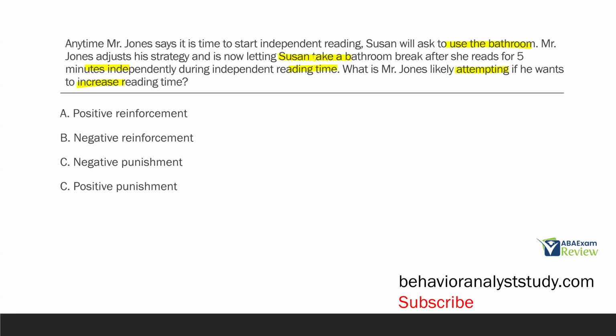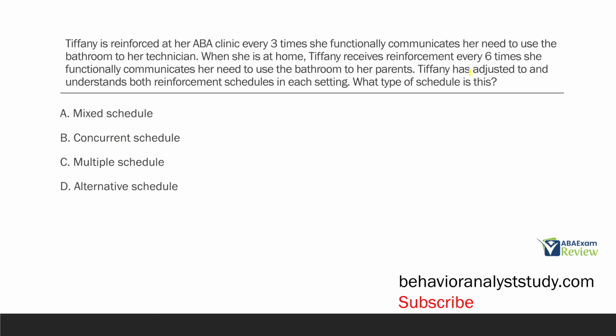Now, you could say, well, why is it not adding a bathroom break? Well, Susan's already getting the bathroom break, and Susan's attempting to accomplish getting out of reading time. So the strategy now is you can leave and get out of reading time if you read for 5 minutes during independent reading time. Mr. Jones is likely attempting negative reinforcement to increase that reading time.